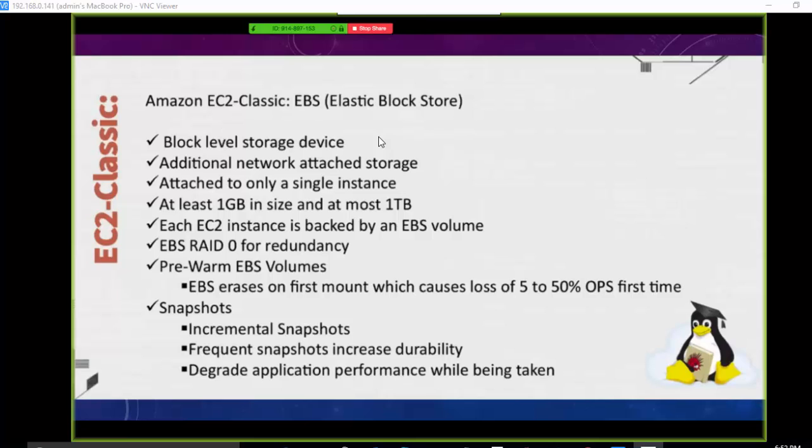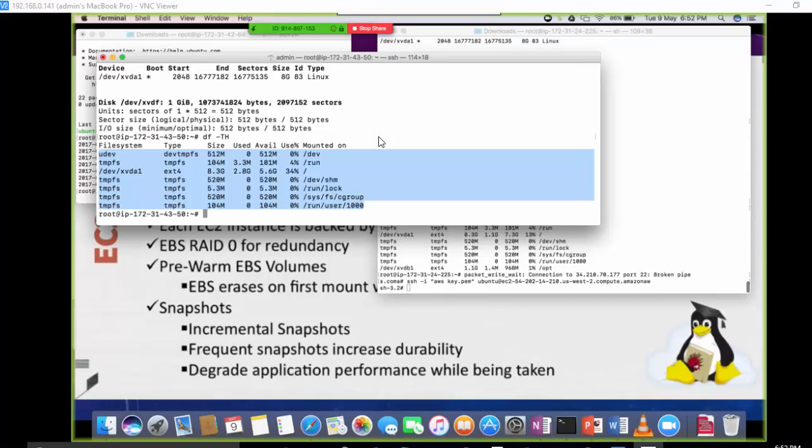What it means is that creating the file system on the newly mounted data takes some time, and that reduces your IOPS. So now AWS is giving you the option to pre-warm EBS volumes. Pre-warm means it's ready to use. How you can use that, I will tell you.